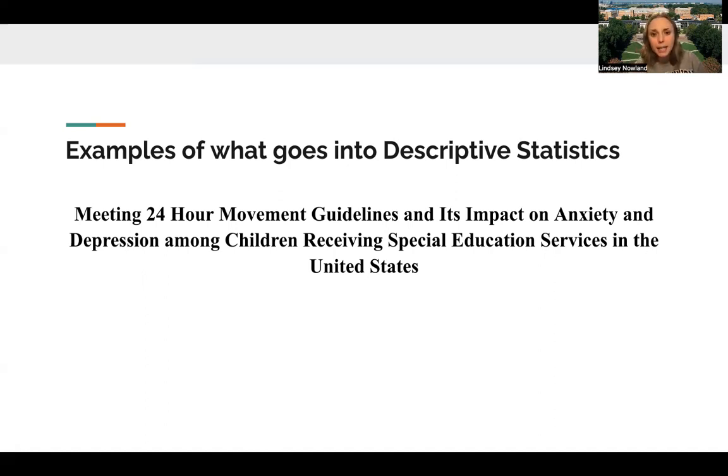That's the type of independent variable it is. It's what the subjects already reported. But those reported numbers impact their anxiety and depression levels. That's the inference that we're making. So the dependent variable, anxiety and depression, depends on the amount of time or meeting those 24-hour movement guidelines.